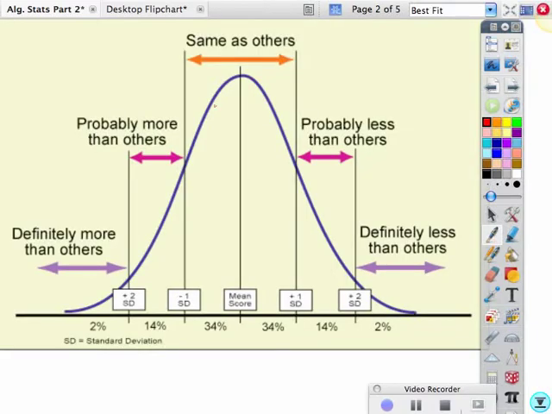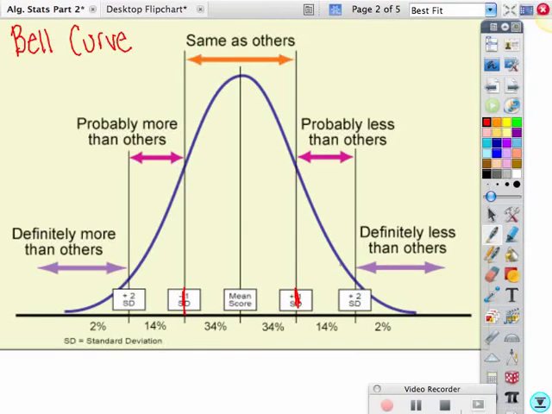So this right here is what's called a bell curve. What's important about the bell curve is to know that most of your information, anytime you're doing something with stats, will fall in this area right here between one standard deviation below and one standard deviation above our mean.